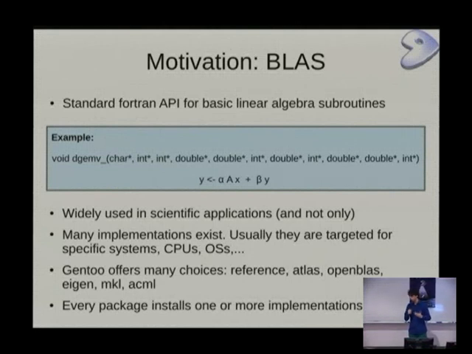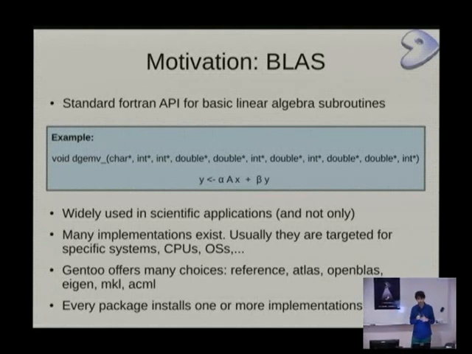So if you want to use a linear algebra package for computing things, most probably you will use some implementation of these APIs. Or maybe such an implementation will be a backend for your library or your tool, but you will somehow use this. So it's widely used, not only for scientific operations.